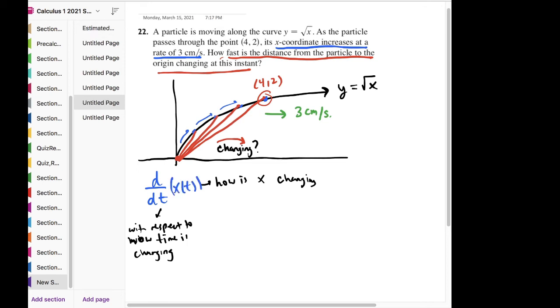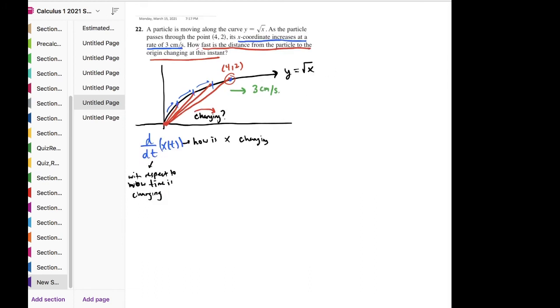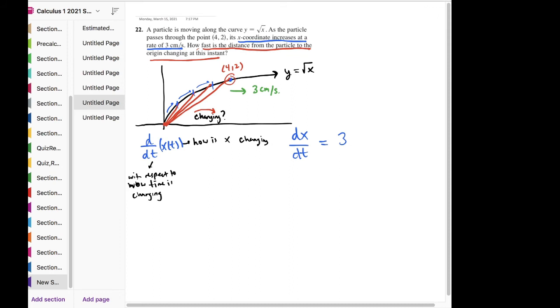Pick any point in time, there's an X value. So x of t is the X value at some point in time. What is d/dt of X? What is dx/dt? Yeah, it's fixed. Fixed to be 3 centimeters per second. This is a fixed rate. That's important.